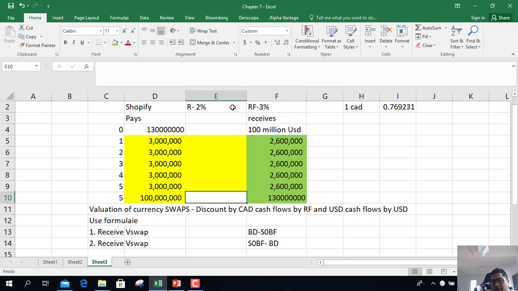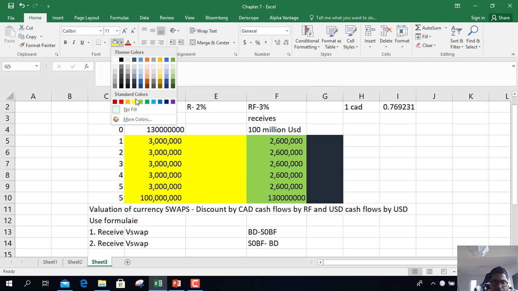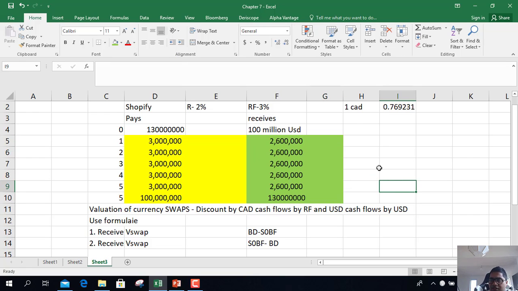So what do you do? You find the present value of US dollars and the present value of Canadian dollars using the respective risk-free rates. So let's do that.